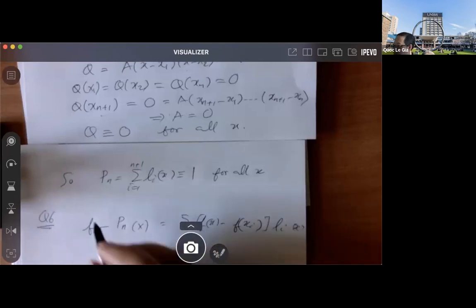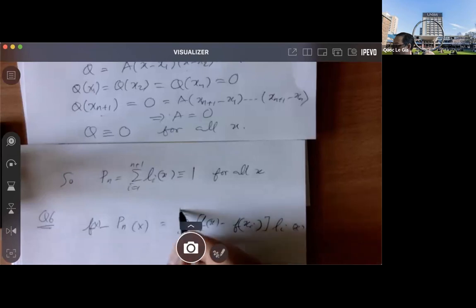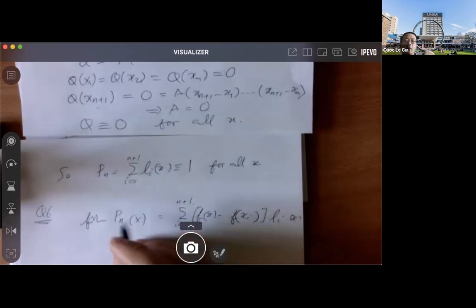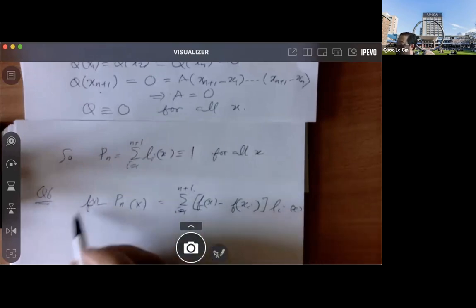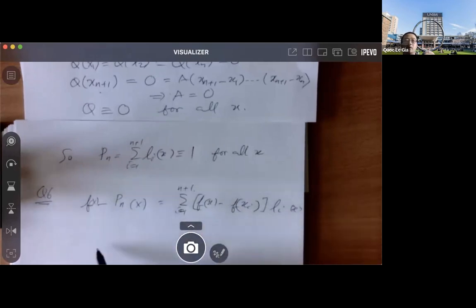You have to prove this, and the hint is to use question 5. How do you do this? You see that Pn is this one already, so the second sum just gives you Pn.